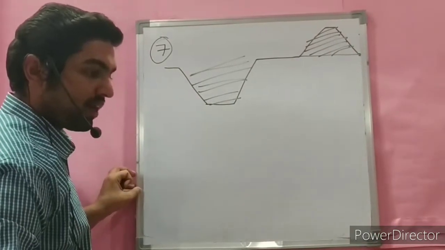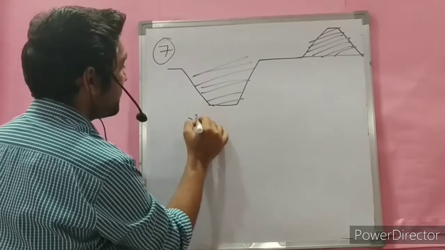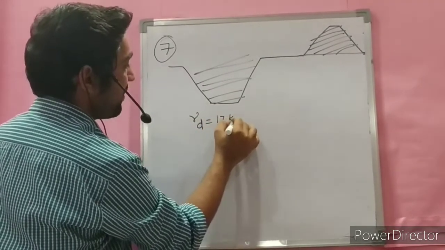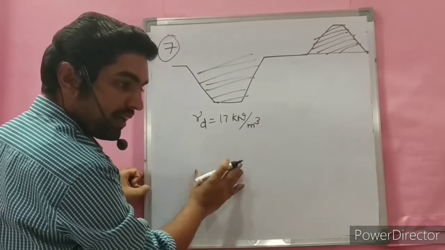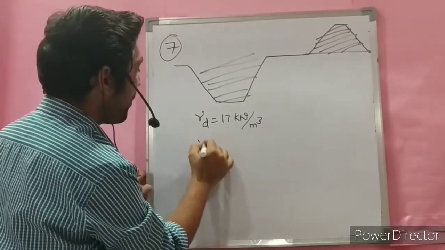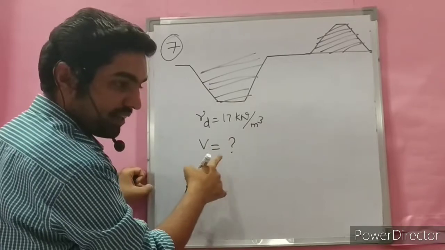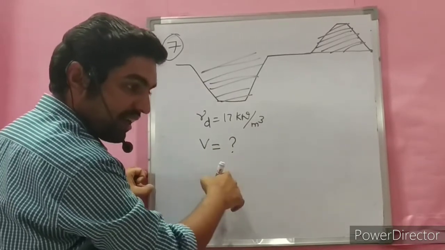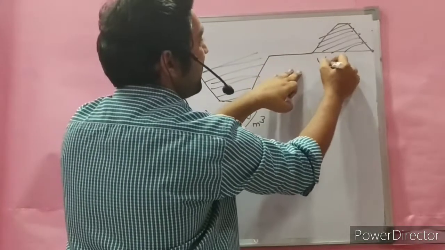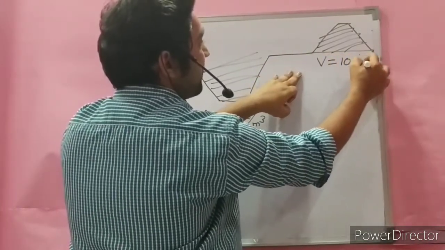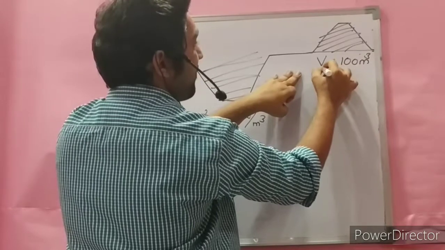So a borrow pit soil has a dry density of gamma D equal to 17 kilonewton per meter cube. How many cubic meters of this soil, meaning volume, is required to construct an embankment of 100 cubic meter? This is the volume of the embankment, 100 meter cube, volume V2.